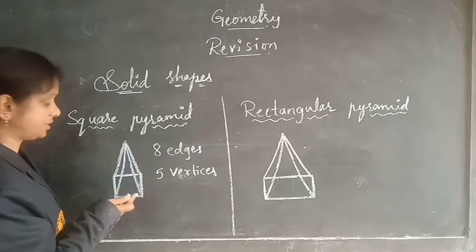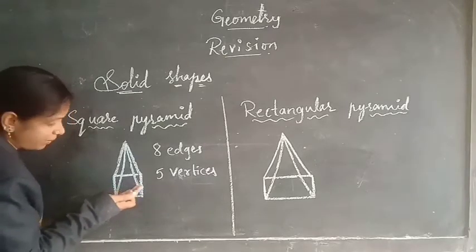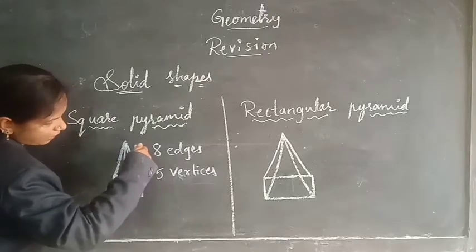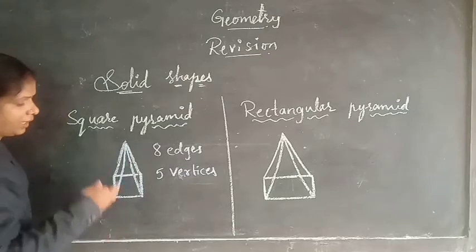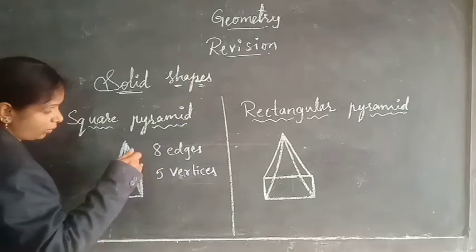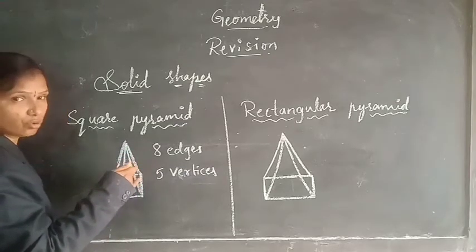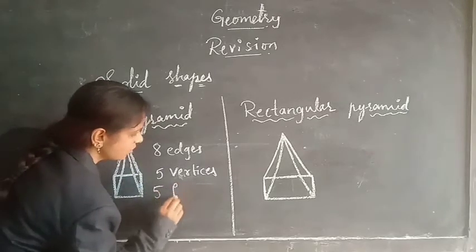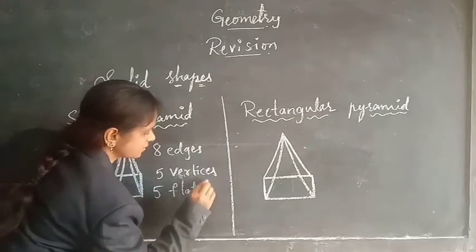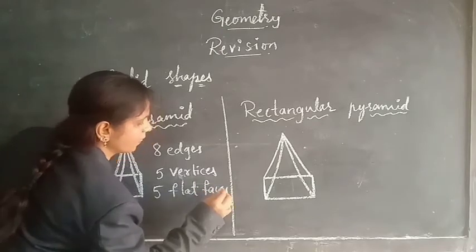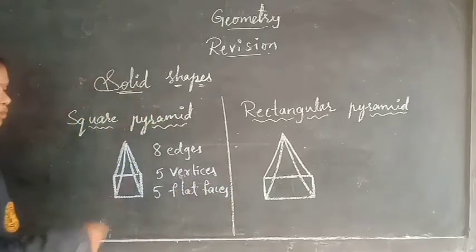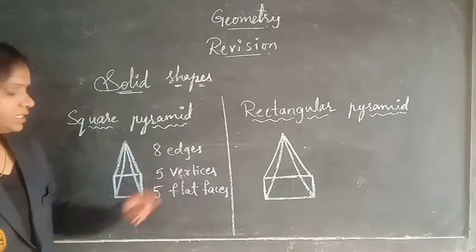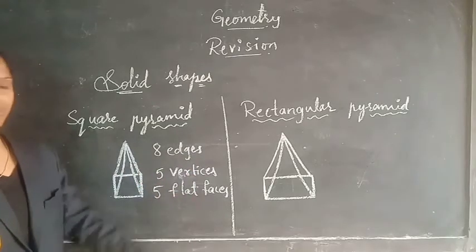Let's count the flat faces. 1 base, and this side 2, 3, and back 4 and front 5. Left, right 2, back, front 4 and base. So it has 5 flat faces. So a square pyramid has 8 edges, 5 vertices, 5 flat faces.